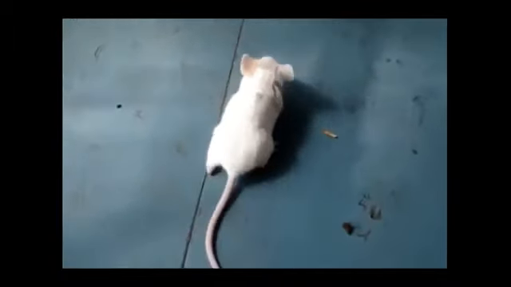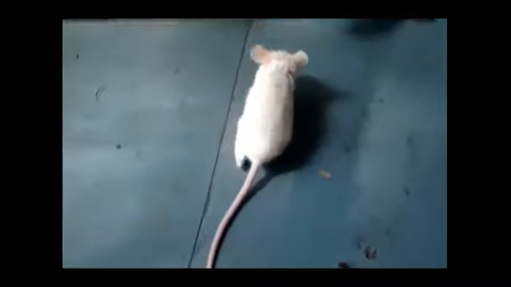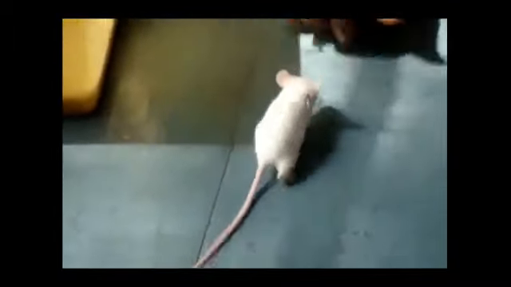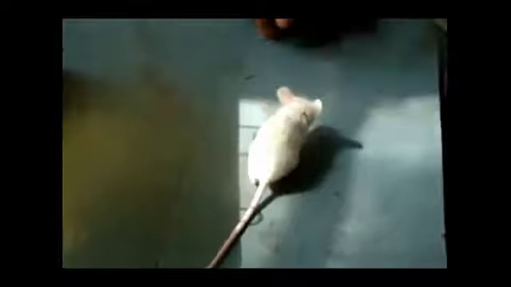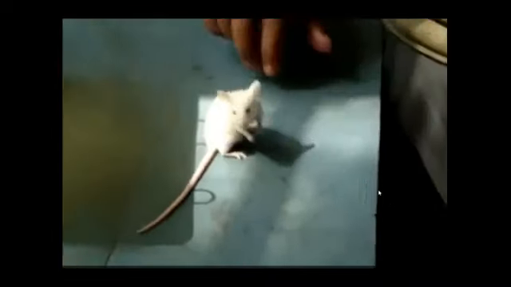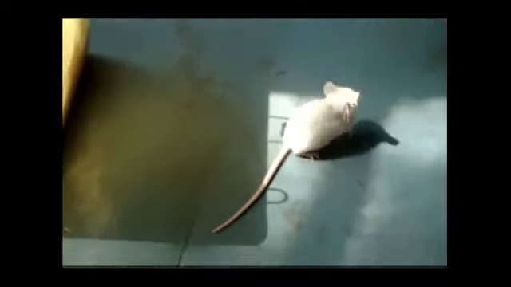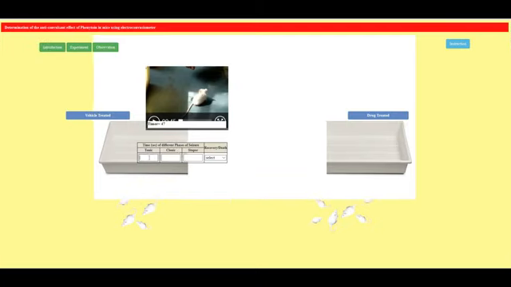That is the stupor movement, and the mouse is alive. That means we have obtained a recovered mouse. This time another 15 seconds has been taken. So again I am going to write down the values: 14, 14, and this is 17. This was the result when I chose the vehicle treated.